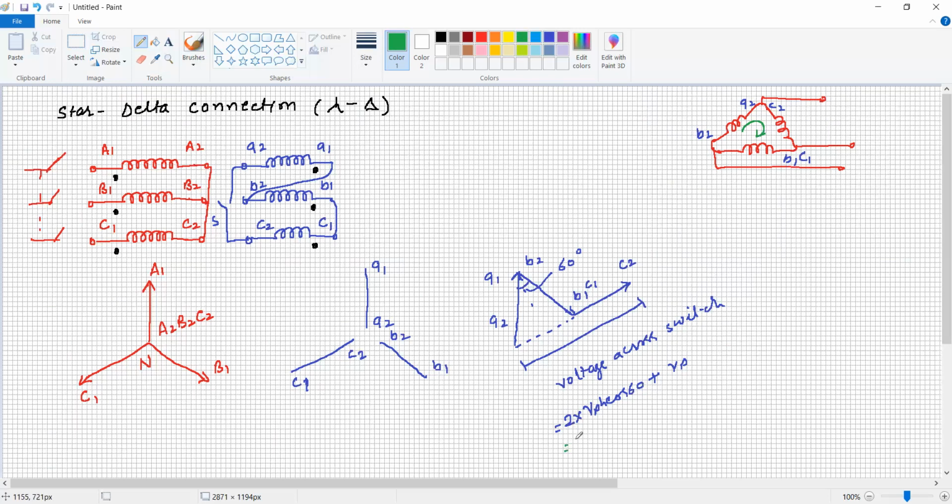Say for example, this is 2 multiplied by 100 into cos of 60 degrees plus 100. This is the voltage for a 2:1 ratio transformer, where this is 200 volts and this is 100 volts, for simplicity of calculation.